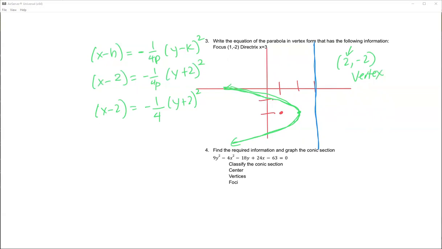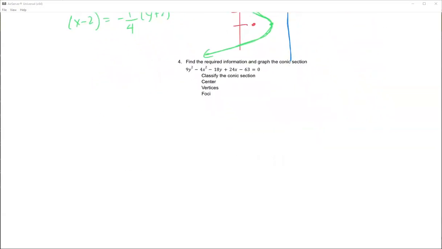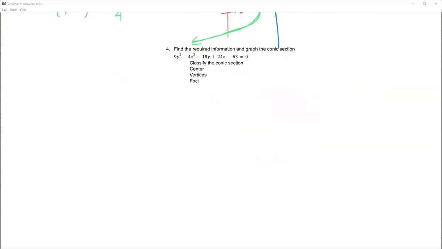All right, last, number 4 is find the required information and graph the conic section here. So what we're going to do is rearrange everything. It'll be 9y squared minus 18y minus 4x squared plus 24x is equal to 63. Any questions on that?